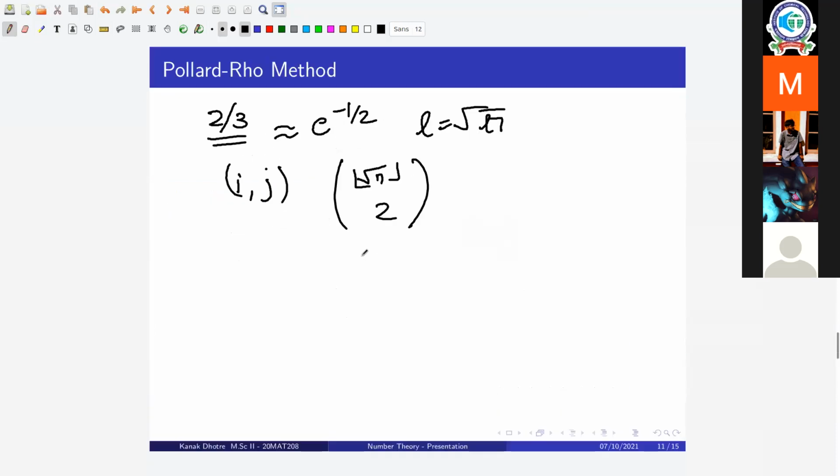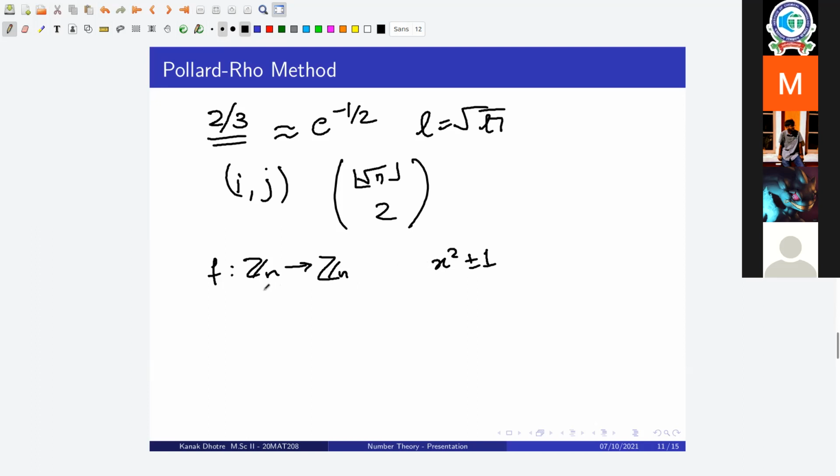So since we're looking for an optimization, there's one more neat trick. The reason behind this is a little complicated. I must admit, even I haven't understood it very clearly. But what you do is define this function from Zn to Zn and pick some polynomial, say x square plus 1, or say even x square minus 1 works.